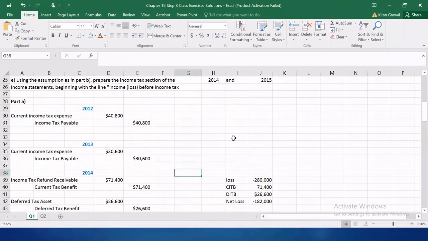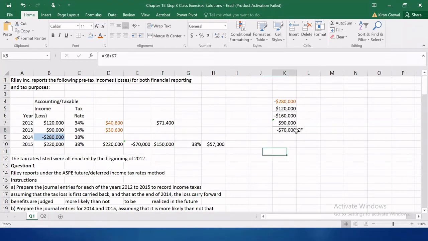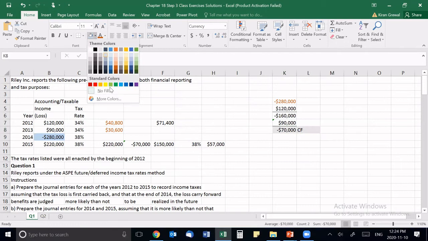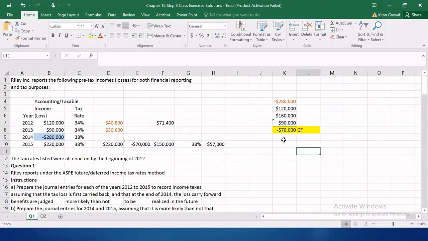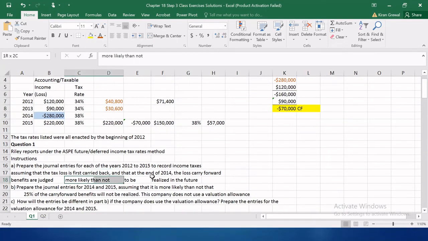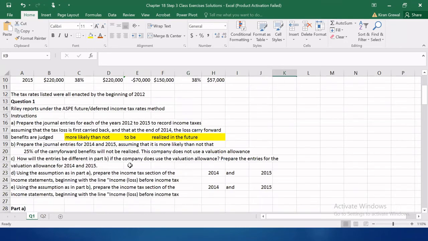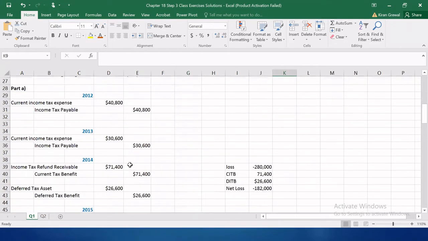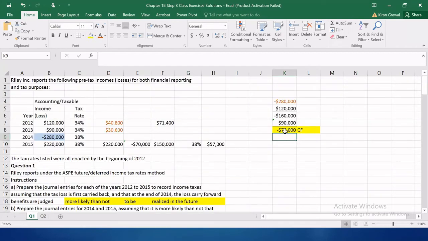All right, the second entry in 2014 is to do the journal entry for this carry forward amount. So we have $70,000 that we're carrying forward, and it says that it is more likely than not that this loss can be realized in the future. Therefore, we can record the carry forward entry. So we're going to do a carry forward entry for a deferred tax asset, and we're going to use the 2014 tax rate.